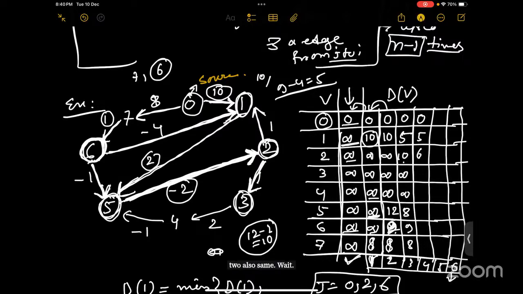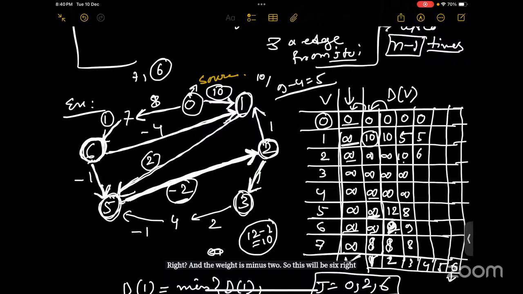Wait. There is no other incoming edge, so we consider this. Yes, 6. We will consider this edge. So the distance of 5 is 8, right? And the weight is minus 2. So this will be 6, right?